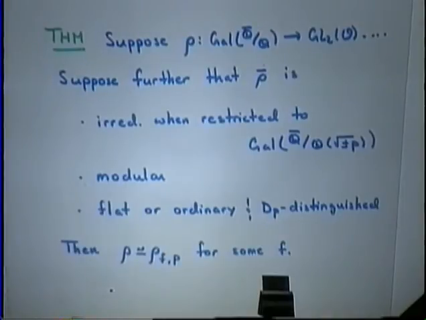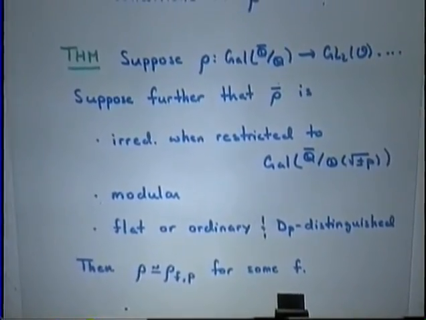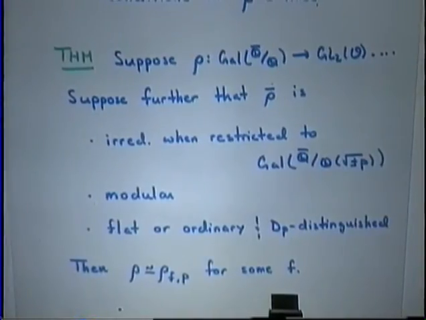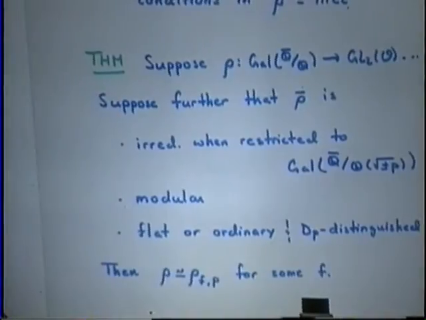And this was enough to conclude that elliptic curves that are semi-stable at 3 and 5, the primes 3 and 5, are modular.